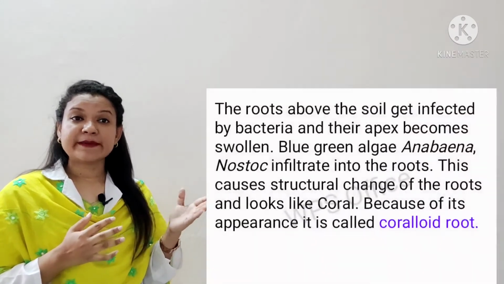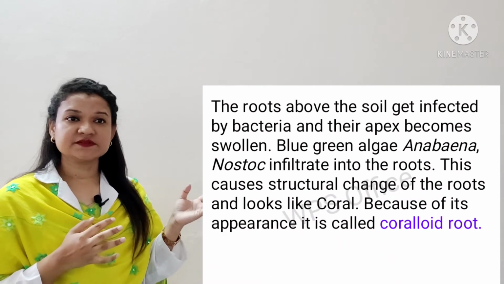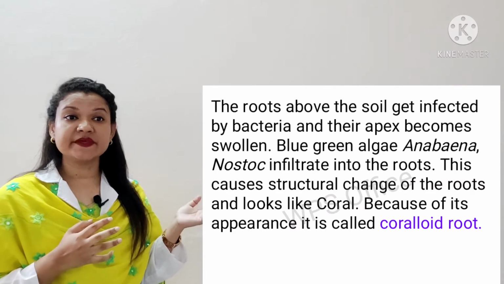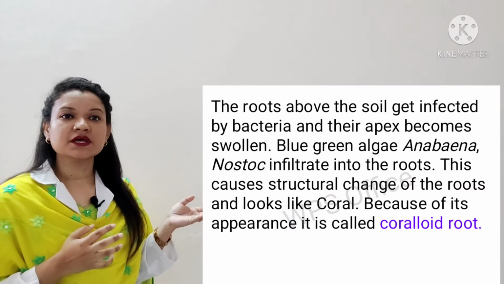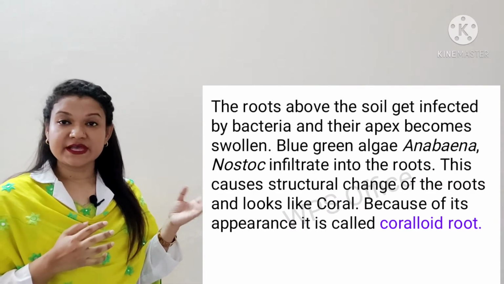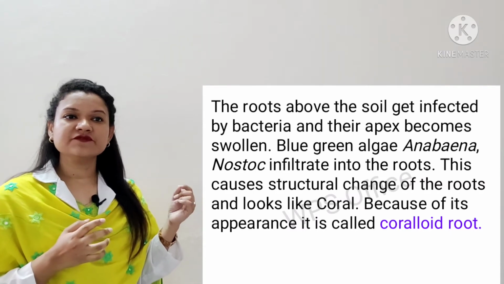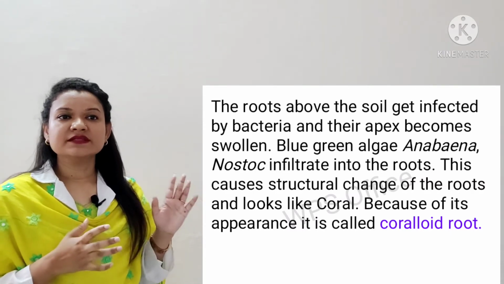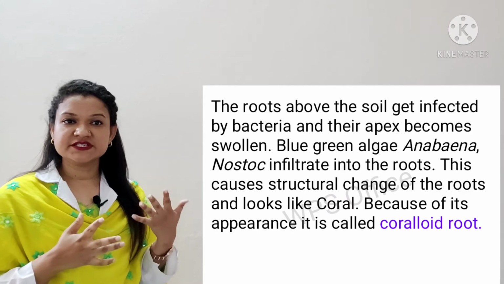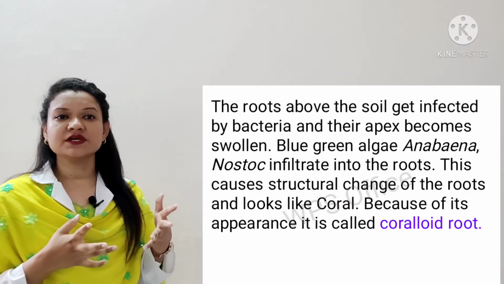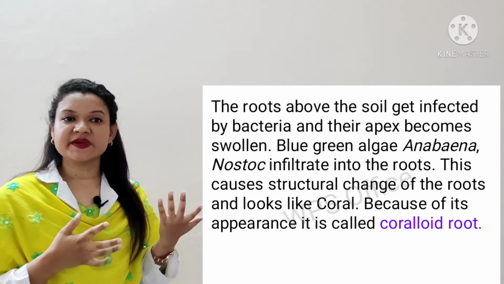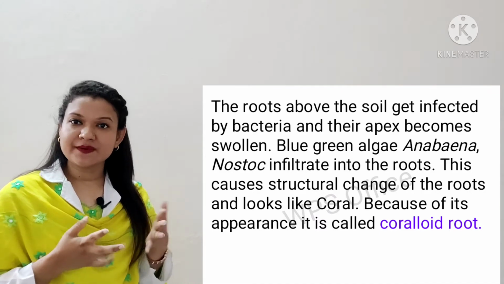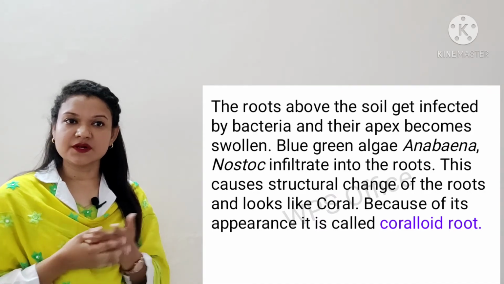The roots above the soil get infected by bacteria and their apex becomes swollen. Blue-green algae, Anabaena and Nostoc, infiltrate into the roots. This causes structural changes of the roots and they look like coral. Because of its appearance, it is called coralloid root. So this is our comprehensive based question.